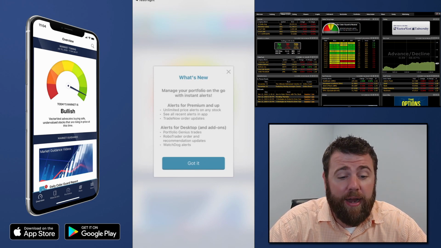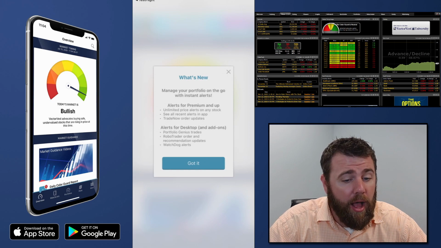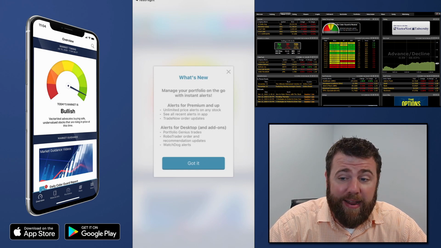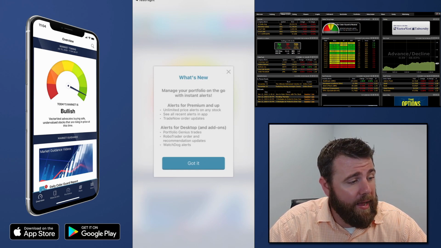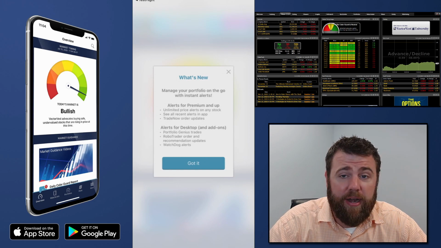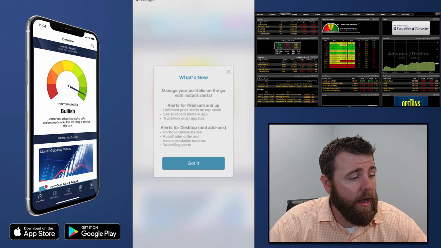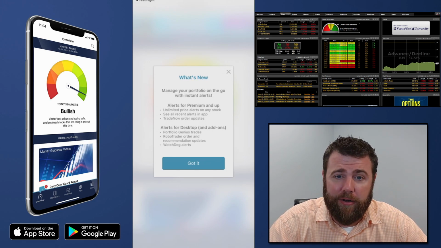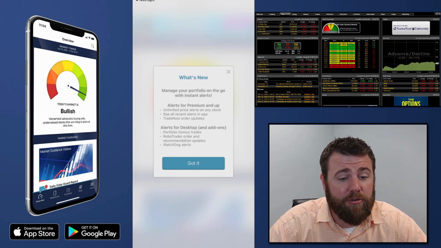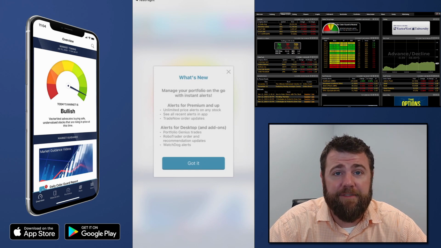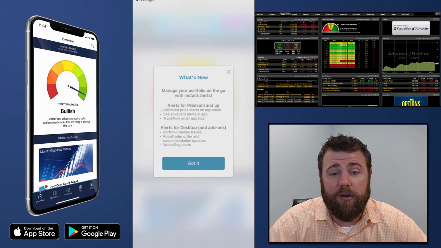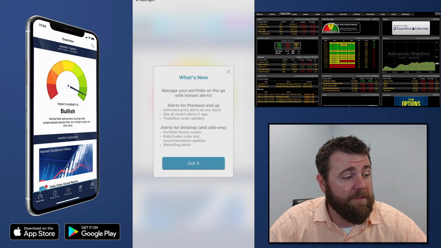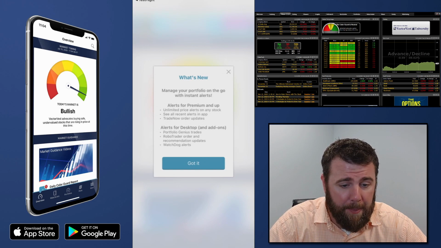You can also get trade now order updates. If you have desktop, you can now get Portfolio Genius trade alerts or notifications, Robo Trader orders and recommendation updates, and also Watchdog alerts. So if you're a desktop subscriber, you're definitely going to get a lot more features with it because there's different alerts built into the desktop. But if you're just on mobile, yes, you will get price alerts as of right now.